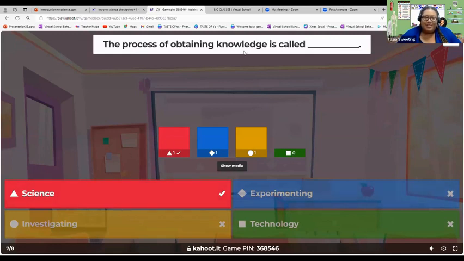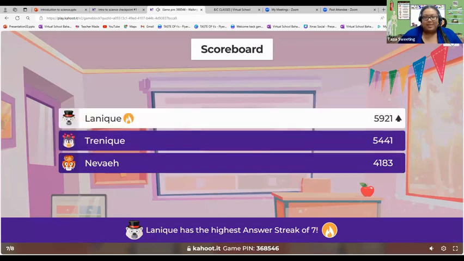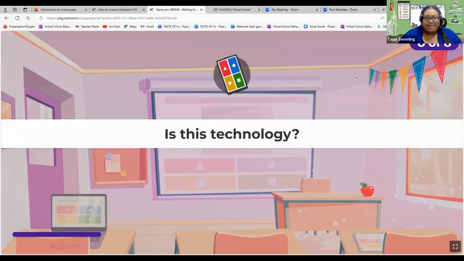So the correct answer is science. Science is the process of obtaining knowledge through various skills like we talked about, like experimenting, investigating, asking questions, and so on. So the correct answer there was science. Very good job. Lanique, I know you got that one right.